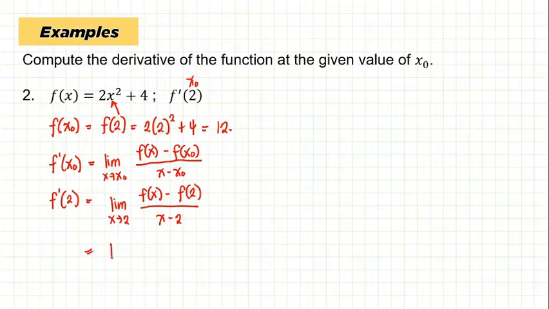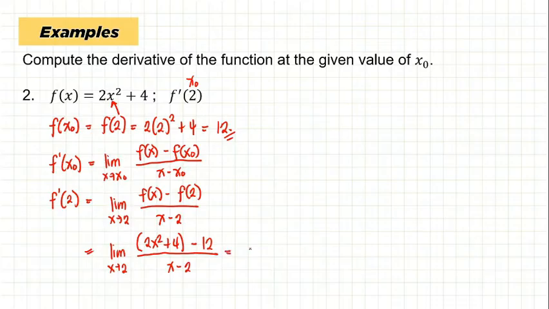Now our f of x is equal to 2x squared plus 4. So you substitute it here. So we have 2x squared plus 4 minus f of x sub o, which is 12, so we have minus 12, all over x minus 2 as x approaches 2.